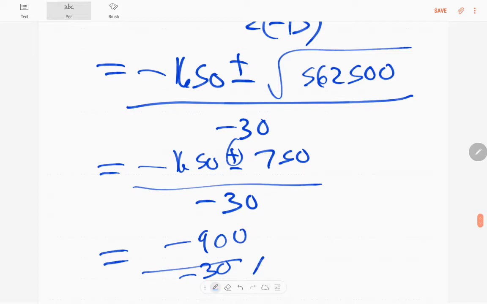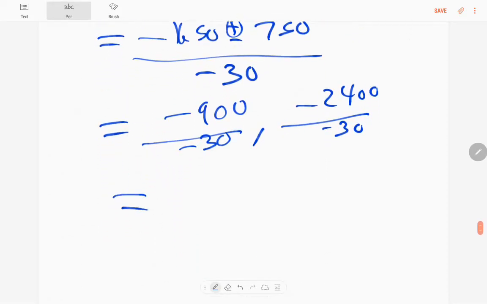So negative 1650 minus 750. Okay, so it looks like 30 and 80.